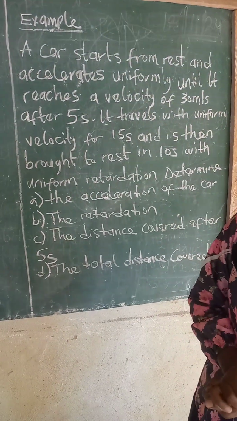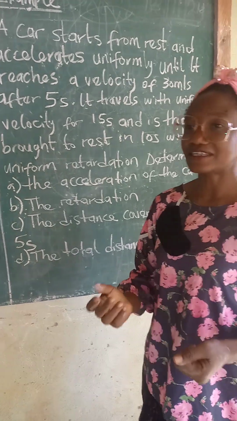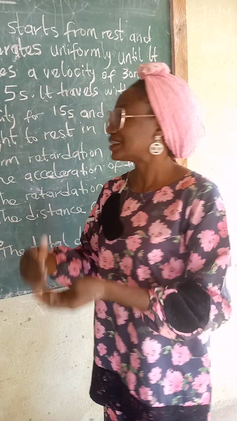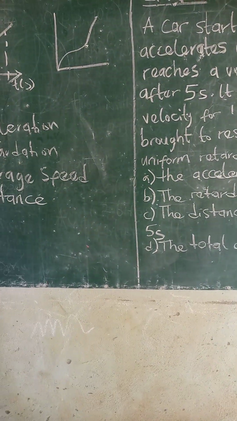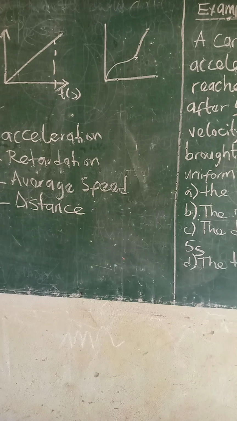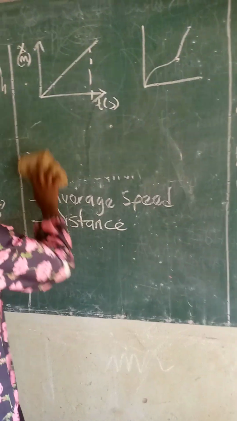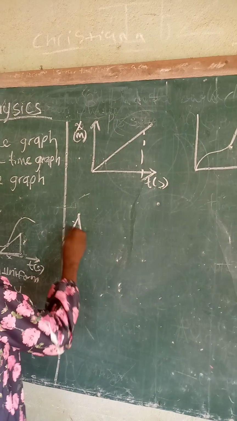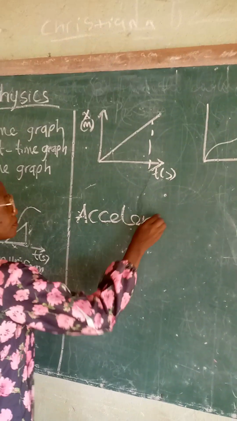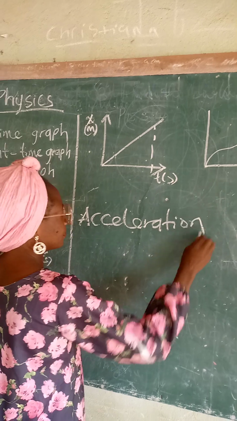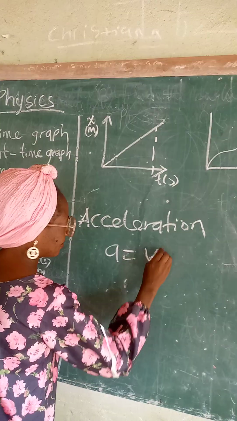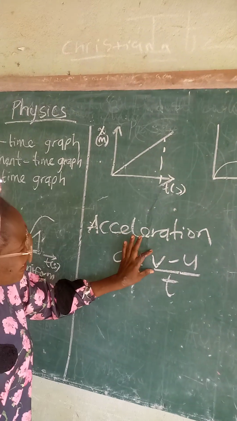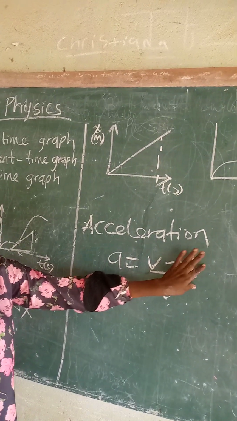let's quickly define what acceleration is. Acceleration, A, is simply the increase in the change in velocity per time.